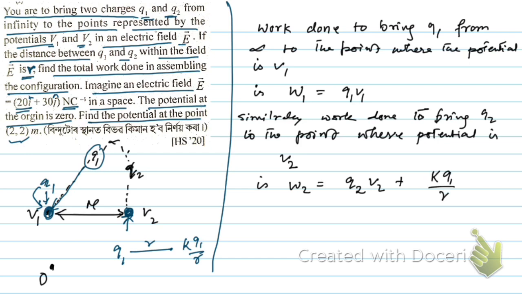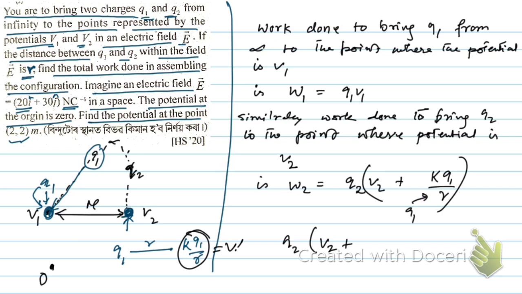So that should be the potential due to Q1. And the work done to bring Q2 from infinity should be Q2 times V2 plus this potential.